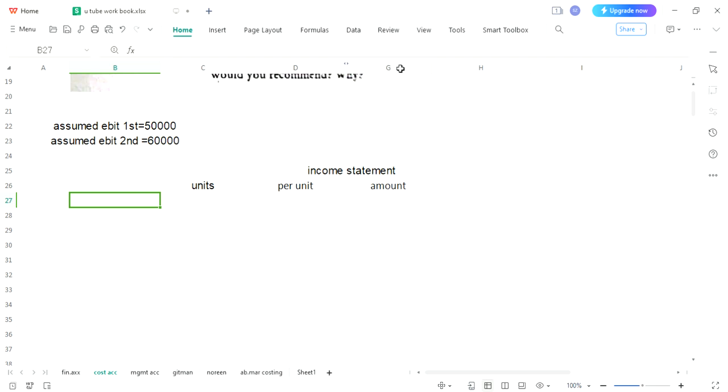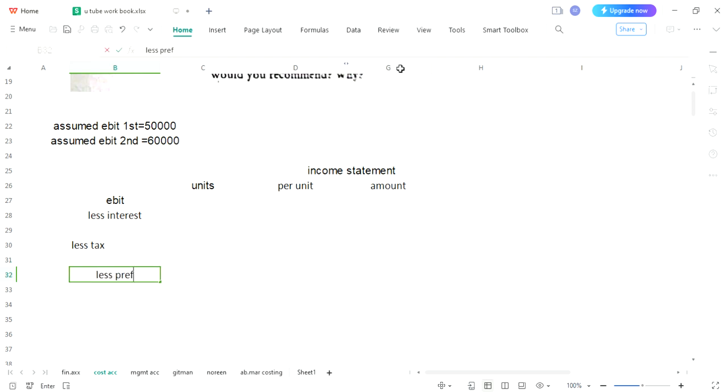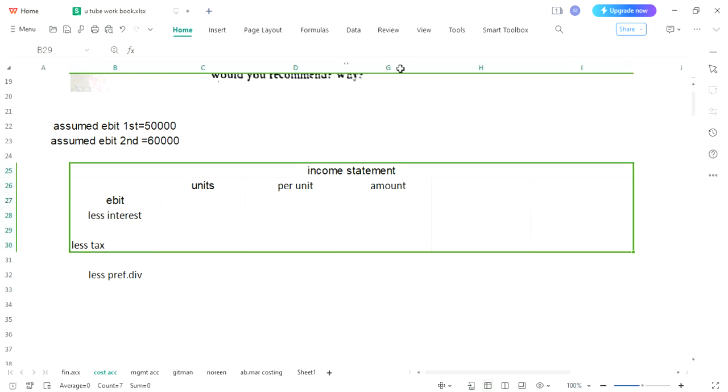So we will directly start with EBIT, then subtract interest, then subtract tax, and we are supposed to subtract preferred dividend as well, which is not part of this question. Just for understanding, I'm letting you know that in this way you will complete your statement.